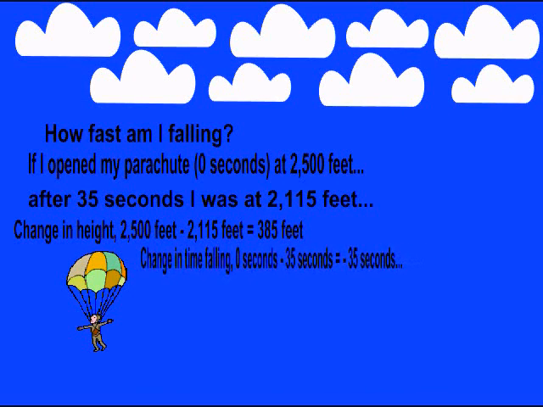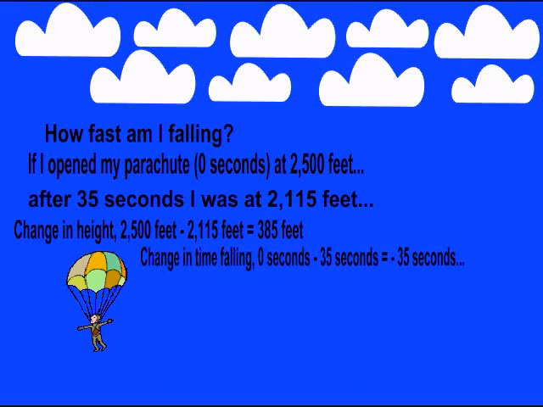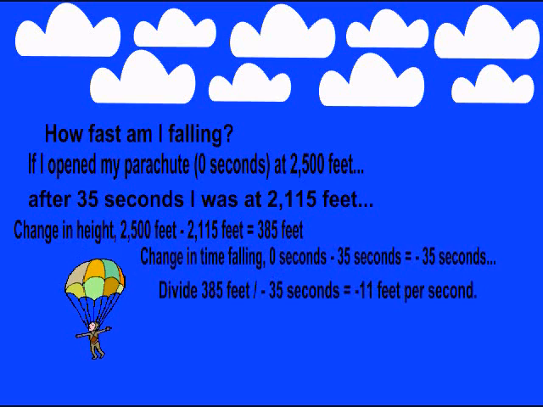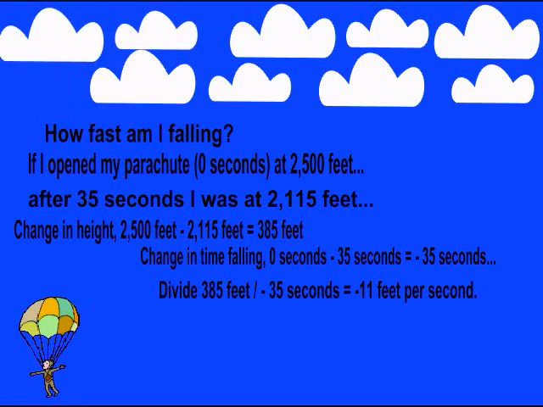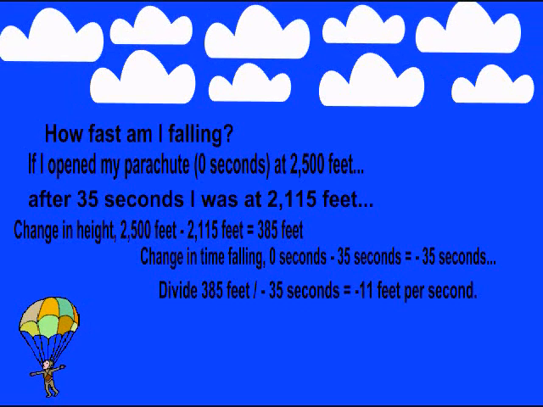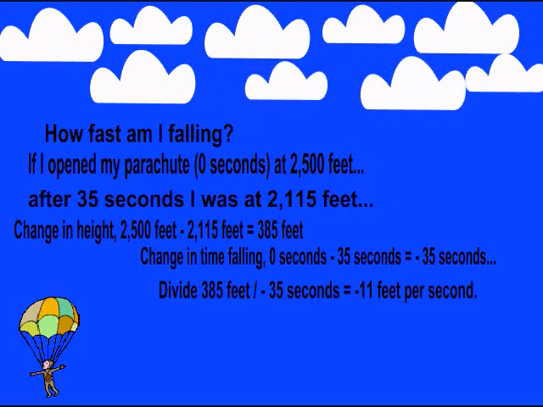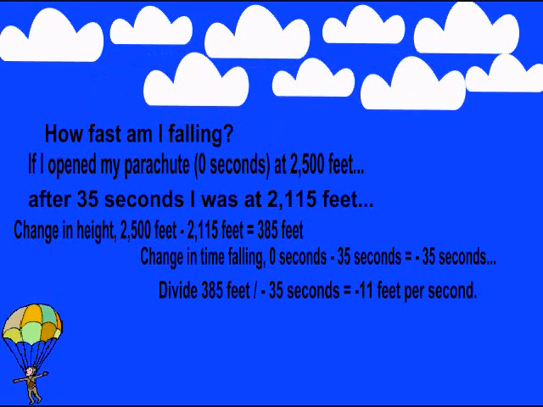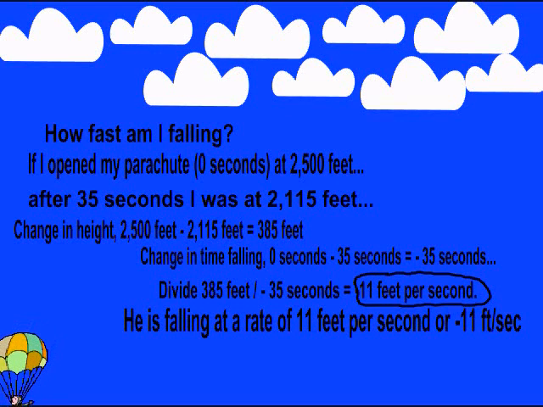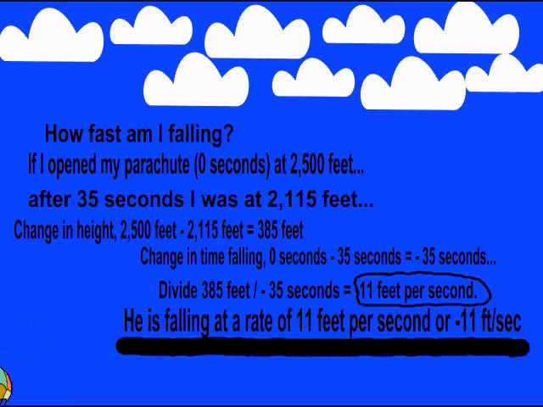And notice you have it start at 0 seconds minus 35 seconds, so you get a negative 35 seconds. You divide your feet divided by your seconds, which gives you a negative 11 feet per second. So he has fallen at a rate of 11 feet per second, or negative 11 feet, the negative standing for the fact that he is falling.